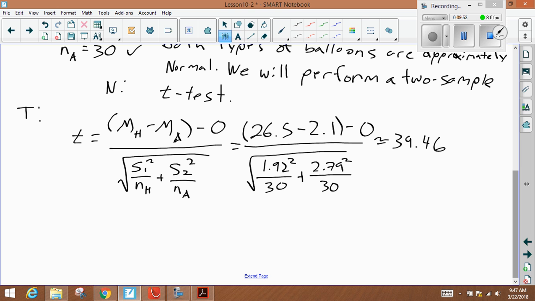That's fine. I mean, that is huge, right? For a test statistic, usually 5 is really, really big. That's really, really, really big, right? So now let's go ahead and go to our calculators and put this stuff in the calculator.